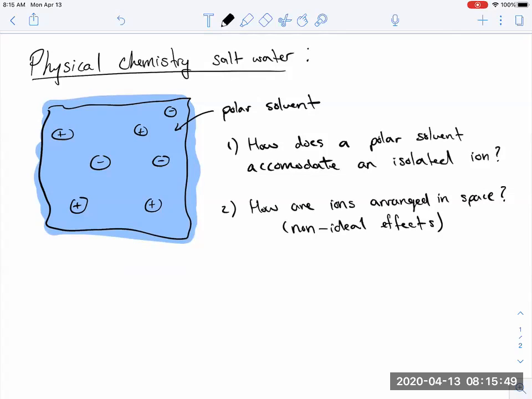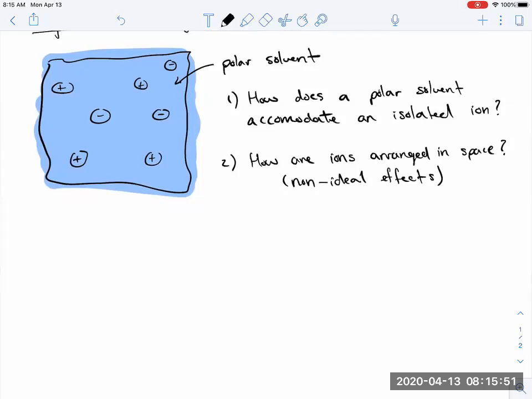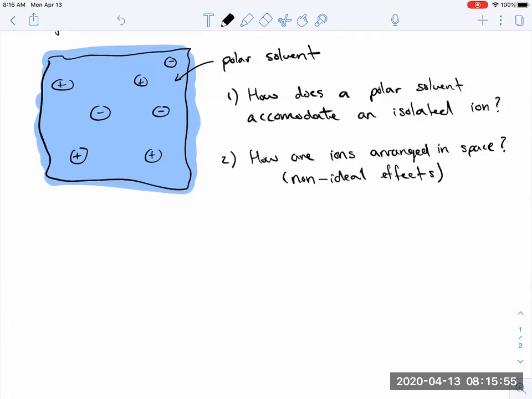So if we're going to imagine putting an isolated ion in a polar solvent, what happens? Well, there's a couple steps to think through this response.